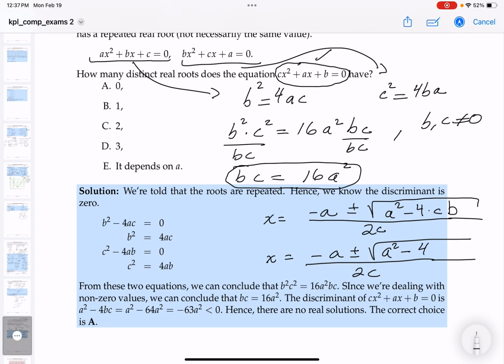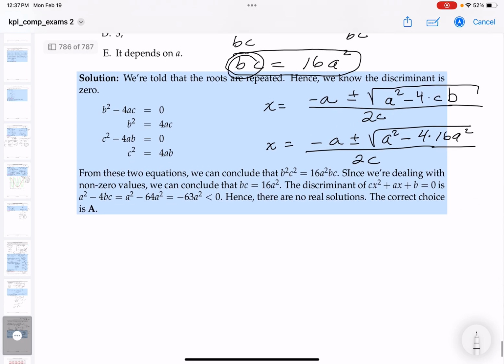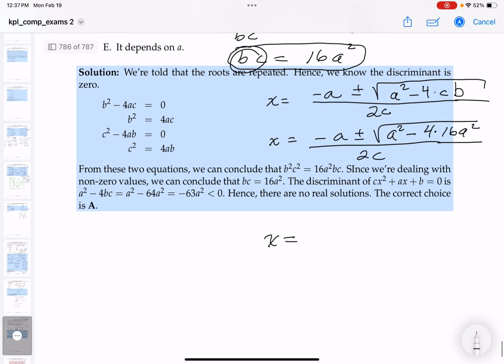Minus 4. Well, now I got cb. cb and bc are the same thing. And that's going to be 16a squared. Let's keep moving. What do you get up here? x equals minus a plus or minus. Well, that's going to give me a squared minus 64a squared, so it's minus 63a squared over 2c.